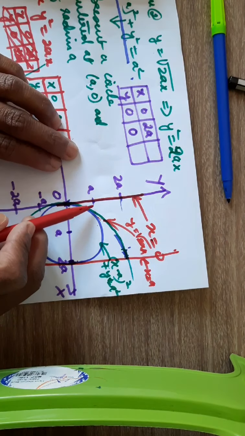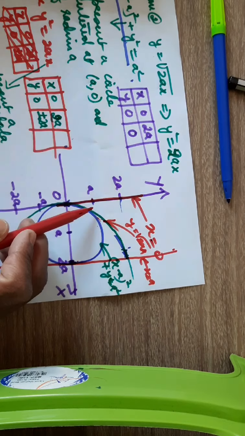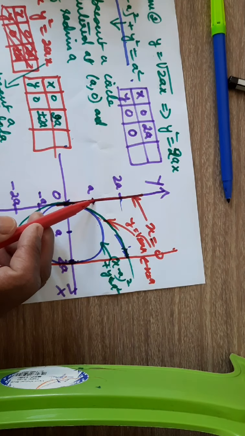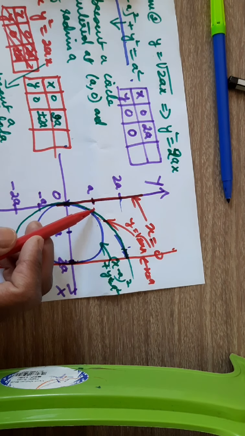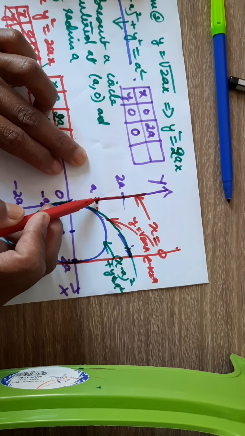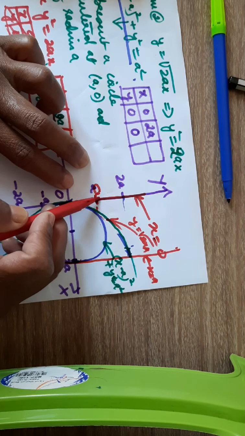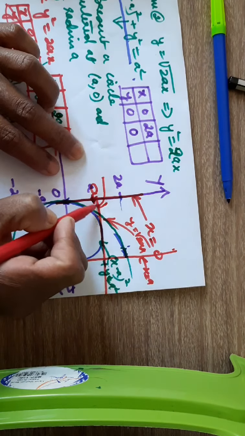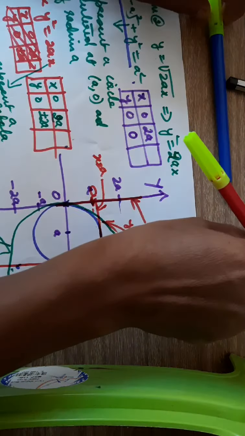Now to obtain this, you can draw a line which passes through x is equal to a. So when you draw this, a will be here, then it will be a straight line like this. So this is x is equal to a.